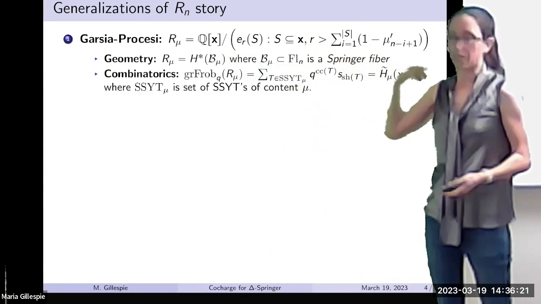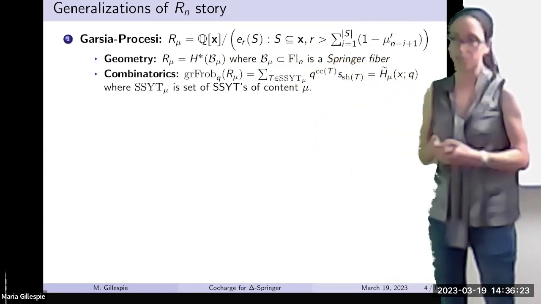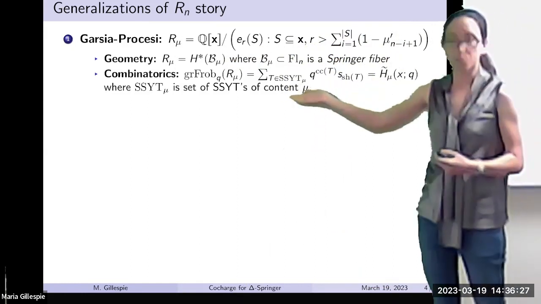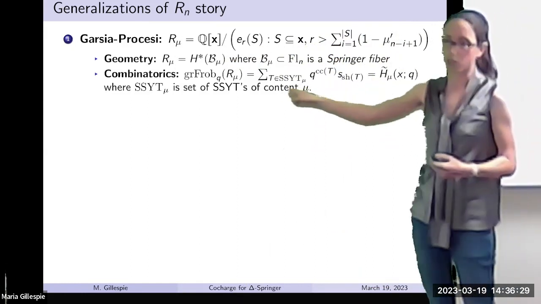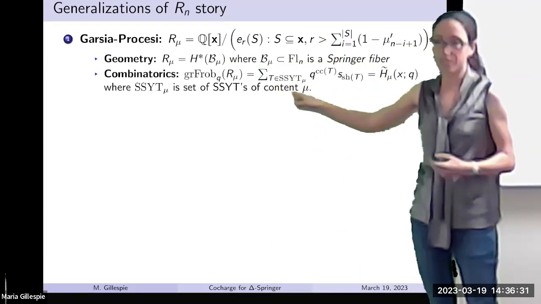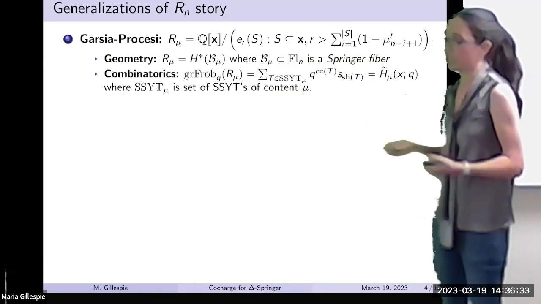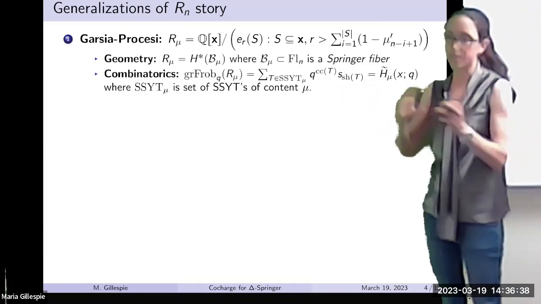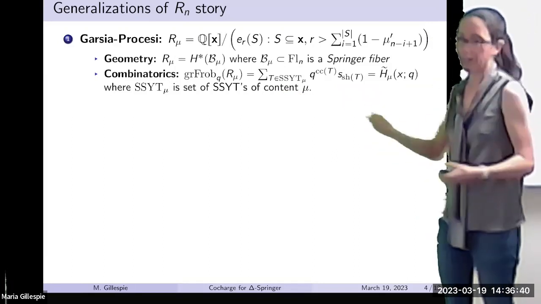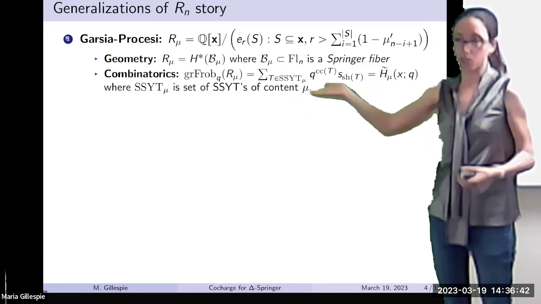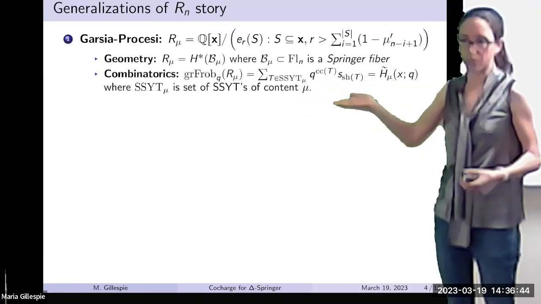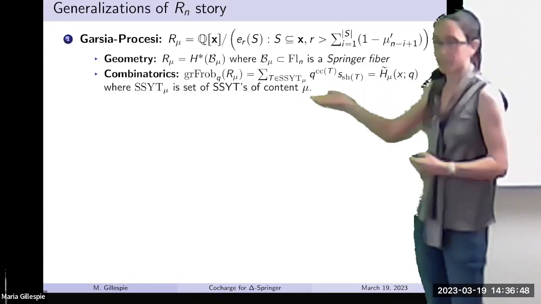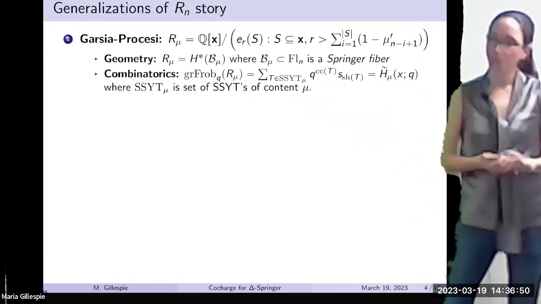They're the cohomology rings of the Springer fibers, and the combinatorics is also governed by a cocharge statistic. Here we're summing over the semi-standard Young tableaux of content mu. So mu, the partition, is determining the content of your tableau. They can still be any shape with that content. And then you have a cocharge statistic telling you the power of q attached to S of the shape of that tableau. And that's the graded Frobenius character of this R mu.